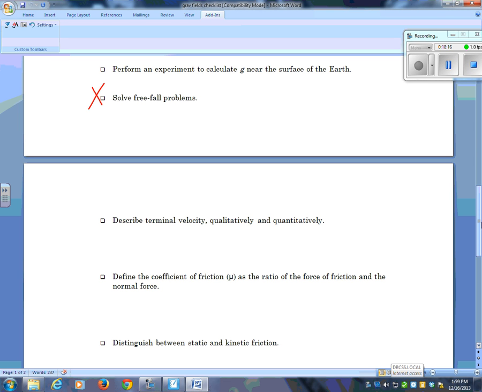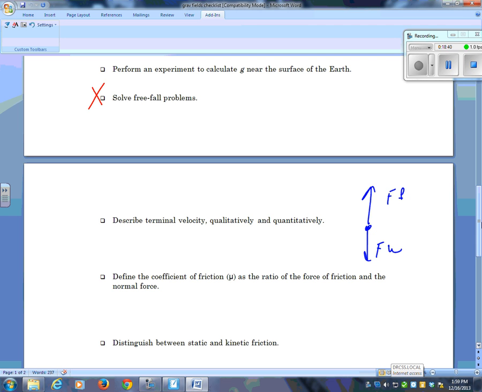Good point, yeah, I'd have to give you numbers, wouldn't I? There is no formula. Terminal velocity occurs when the weight force is equal to the friction force, right?